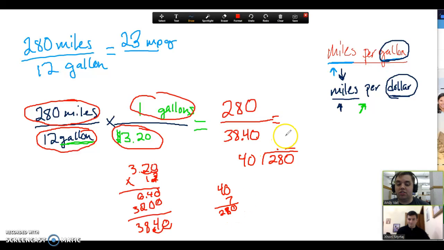So it's about 7 miles per dollar. So that is how unit conversions usually work.